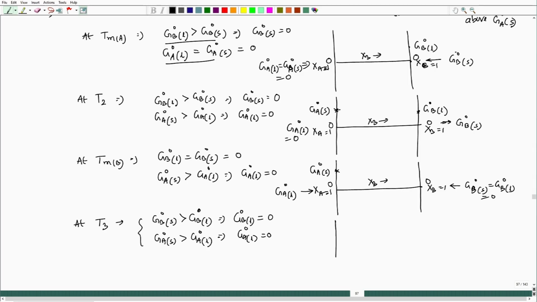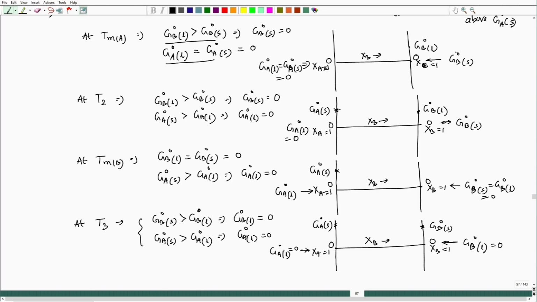Now, if I try to show it over this G versus X plot, XB equal to 1, XA equal to 1, here both are 0 values arbitrarily taken. Here GB naught liquid is taken as 0, and the solid will be placed here, and here also the solid will be placed.